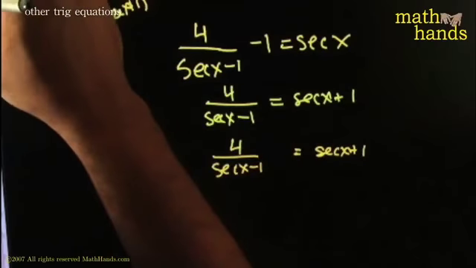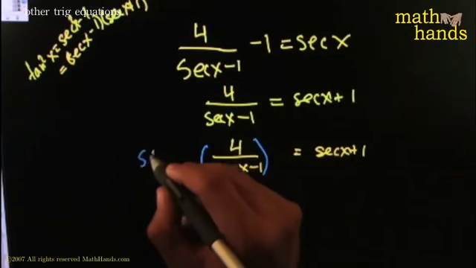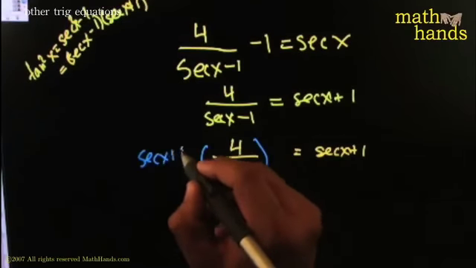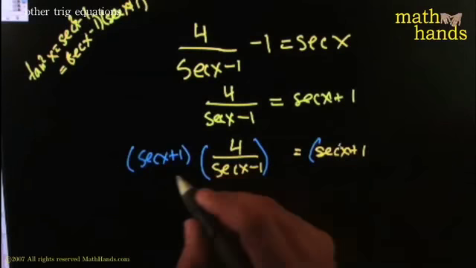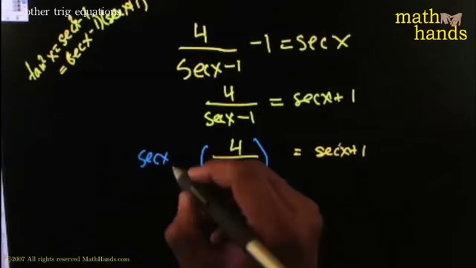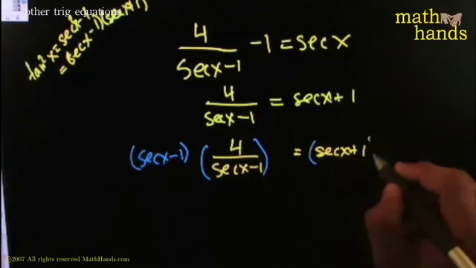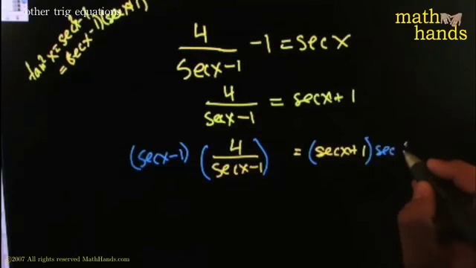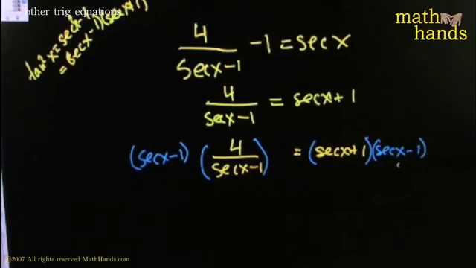I'm going to multiply the left side by secant x plus 1, and I'll multiply the right side, to undo that, by secant x minus 1, so I could cancel the bottom. So I'm multiplying both sides by that.